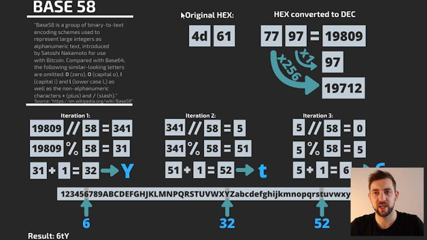For my example, for my code, we will use this hexadecimal number 4D61. If we convert it to decimal, 61 is 97 and 4D is 77. How to convert the whole hexadecimal into an integer, because in this particular example in my code I will be using integers, it will be easier.